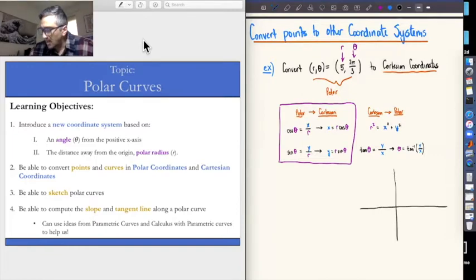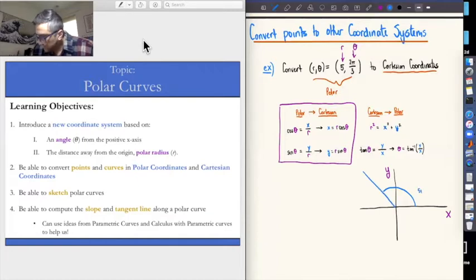So just on this coordinate plane here, we know that polar coordinates still live on the xy plane. And in this case, r is equal to 5, so we're a distance 5 away from the origin at an angle of 2 pi over 3. So an angle of 2 pi over 3 will take us from the first quadrant all the way into the second quadrant.